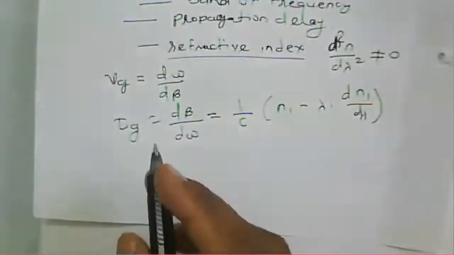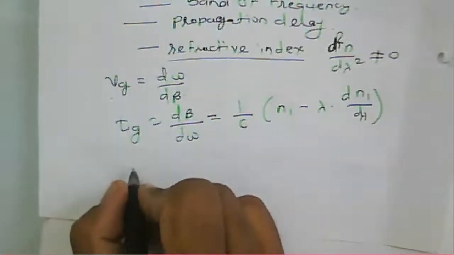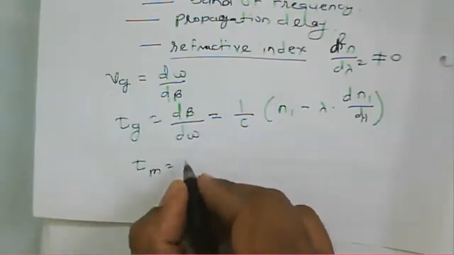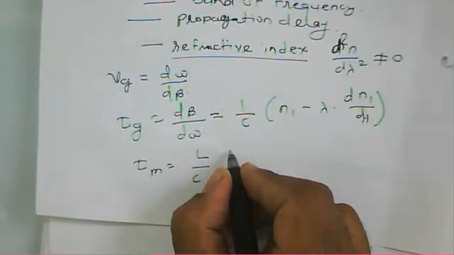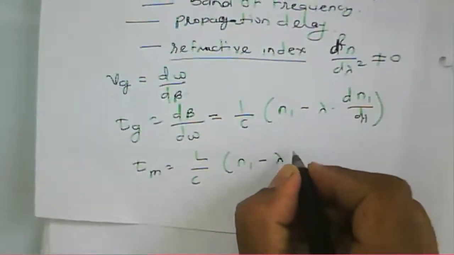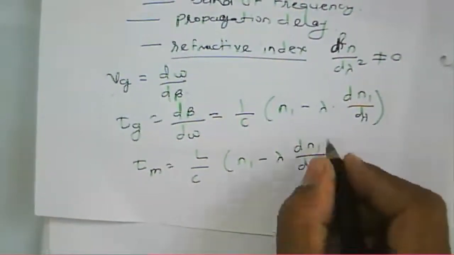So the pulse delay due to material dispersion in a fiber of a given length depends upon the length of the fiber and n1 minus lambda dn1 by d lambda, with respect to d lambda.